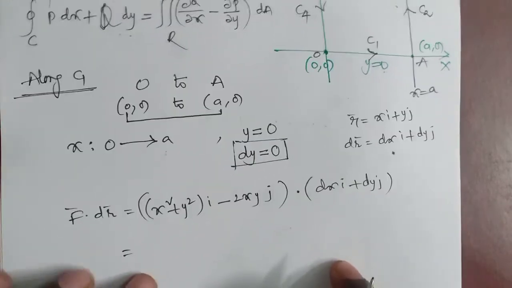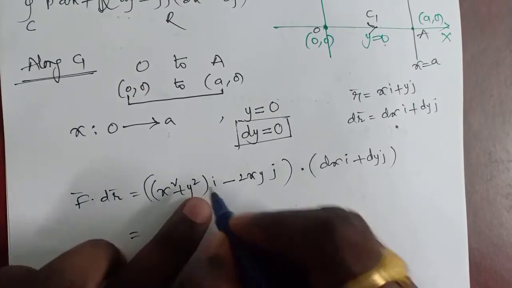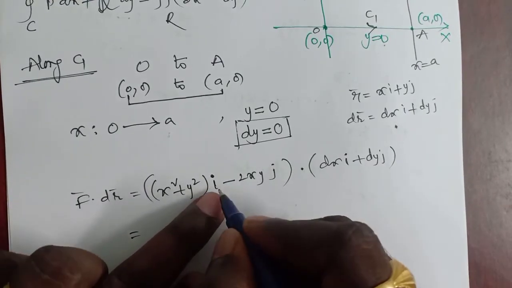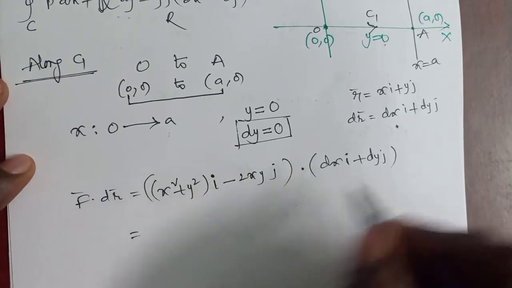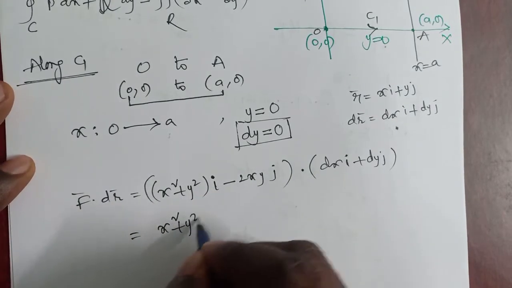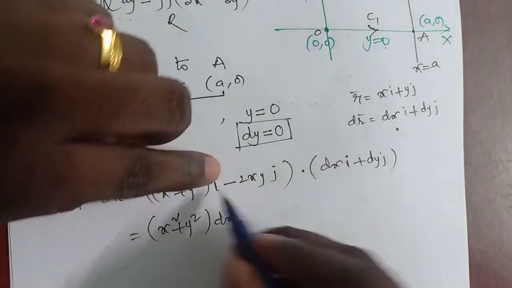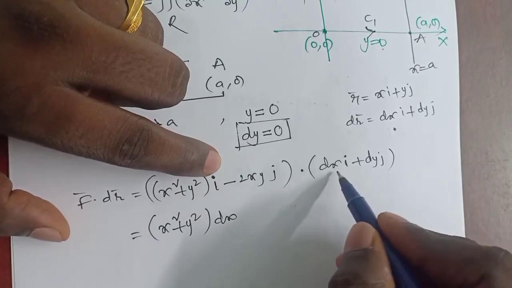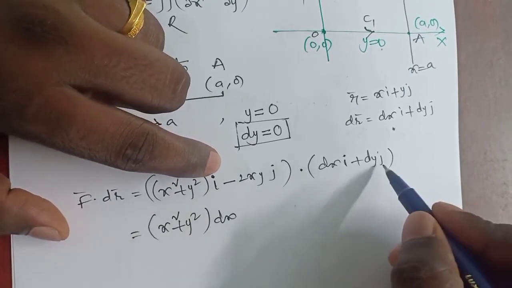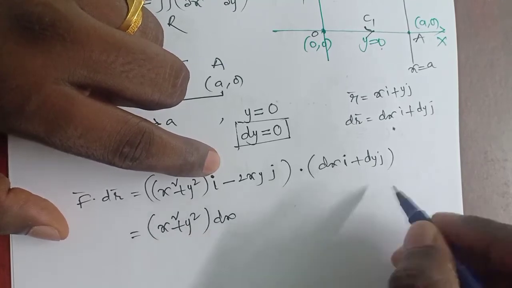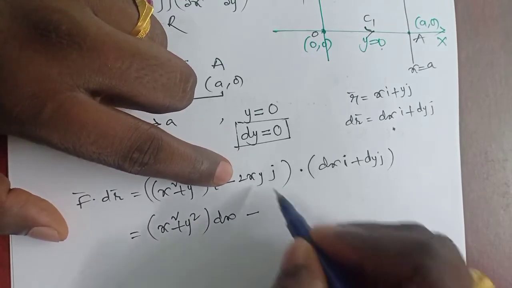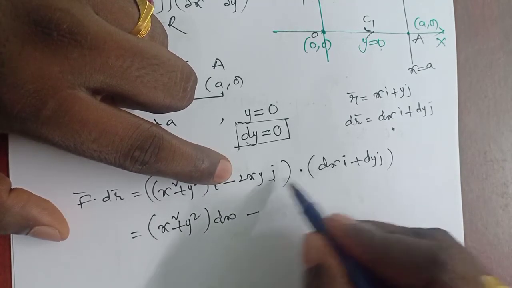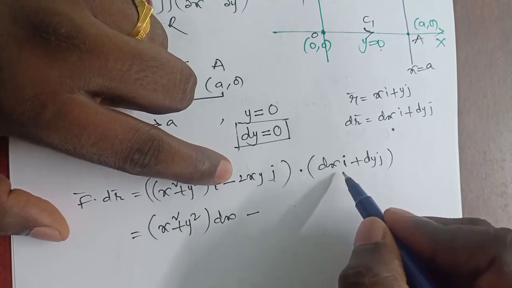Coming to the vector dot product, i bar dot i bar is nothing but 1, so we get (x square plus y square) dx. Next, i bar dot j bar equals 0, so we drop that term. Similarly j bar dot i bar is also 0.